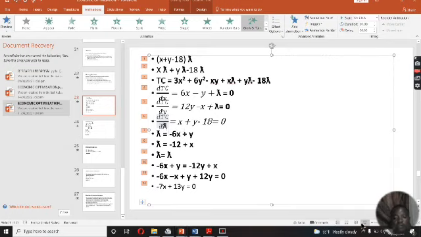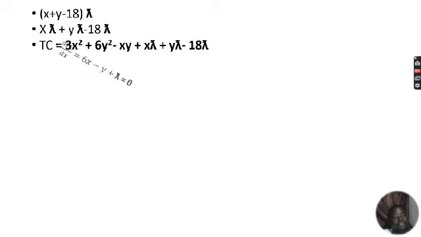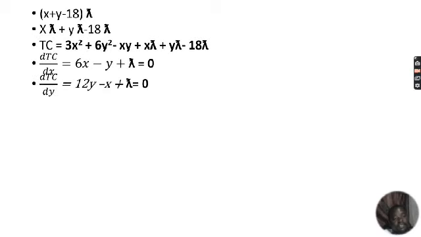Thank you very much, and sorry for the inconvenience. So we have differentiated the first one in terms of x, and it has given us that. We have differentiated the second one in terms of y, it has given us that one, and we have differentiated the other one in terms of lambda, and that has given us that.